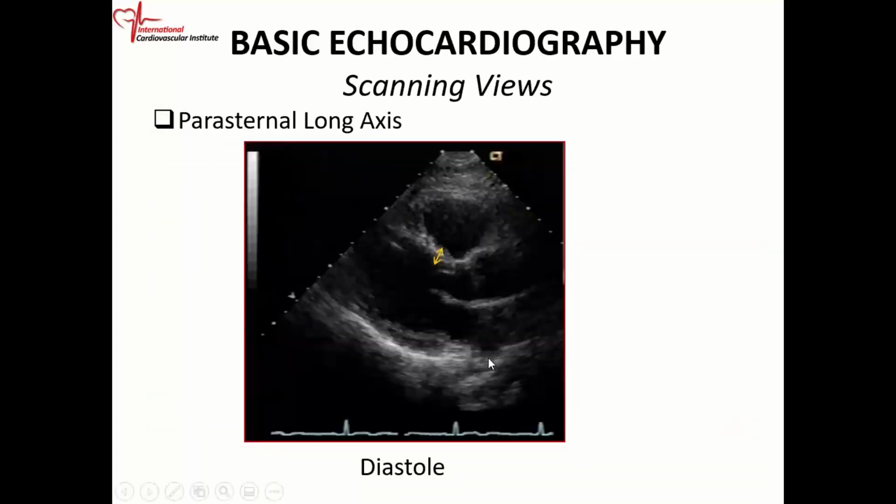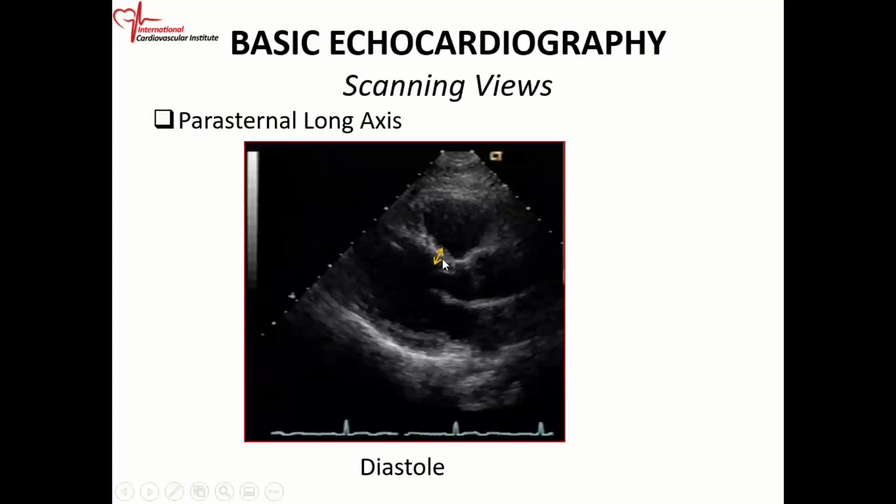There are certain things that we do in the diastolic frame and the systolic frame. In the diastolic frame, we measure the septum, the interventricular septum, at the level of the tip of the mitral valve.